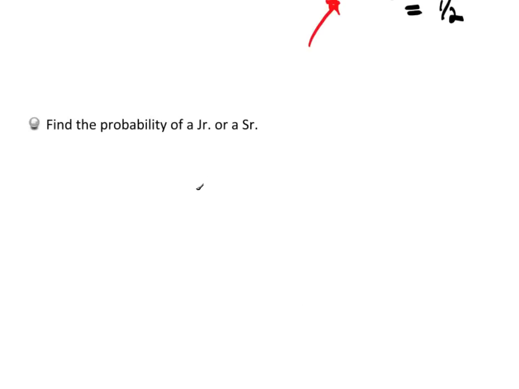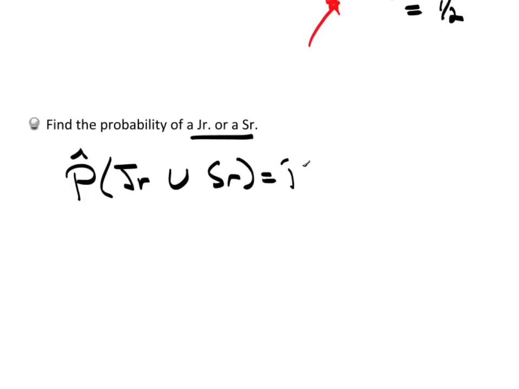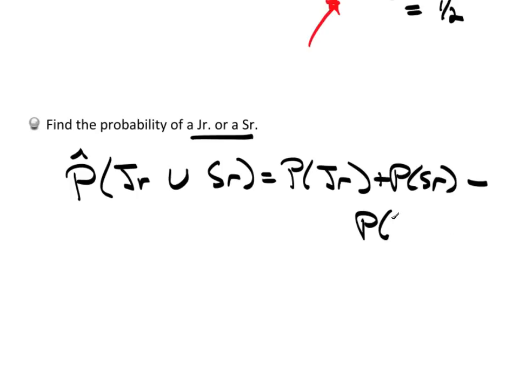Now let's find the probability of a junior or a senior. Well, that's going to be the probability of a junior or a senior, which equals the probability of a junior plus the probability of a senior minus the probability of a junior and a senior. Well, let's go back up to the table.